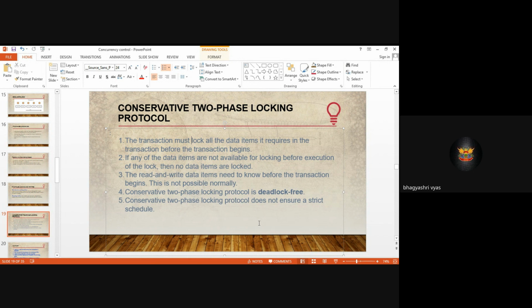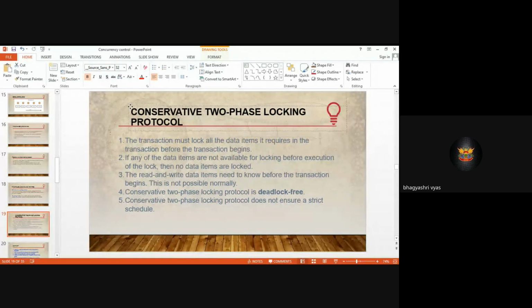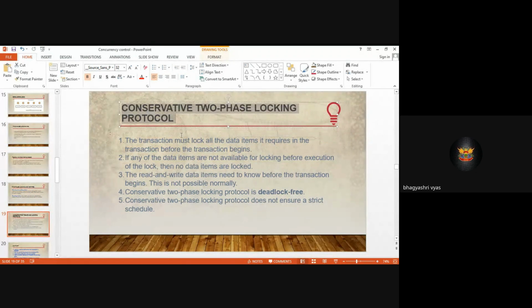Okay, we are using the terminology schedule. So is there any difference between schedule and transaction? Anyone? Is there any difference between the schedule and the transaction?